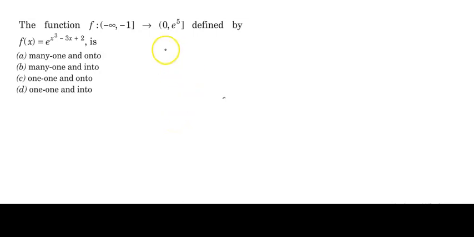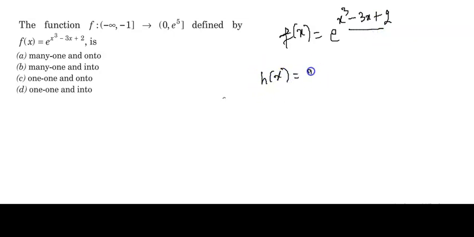Now in this question, f(x) is e to the power x³ − 3x + 2. Let us consider this exponent as h(x), so h(x) = x³ − 3x + 2.